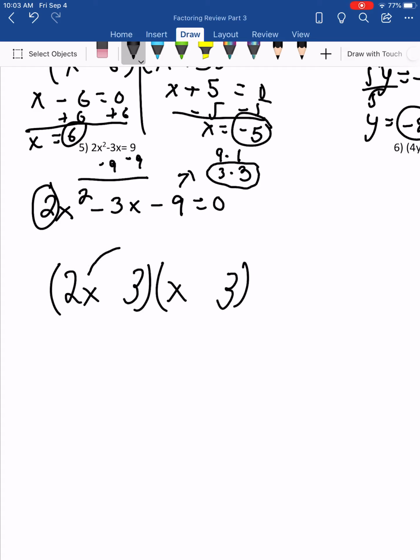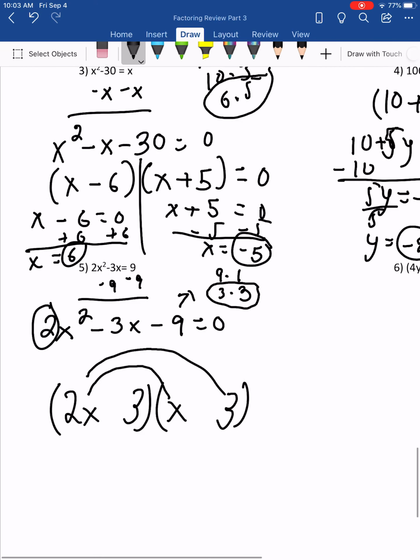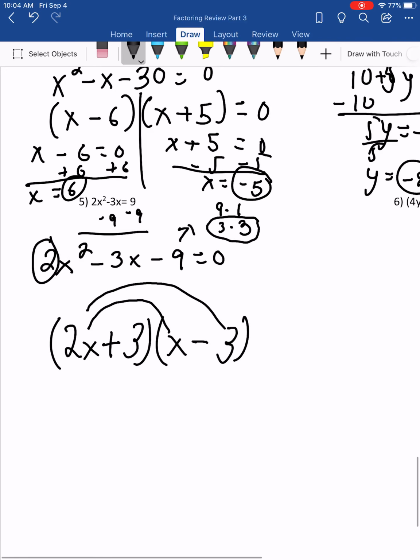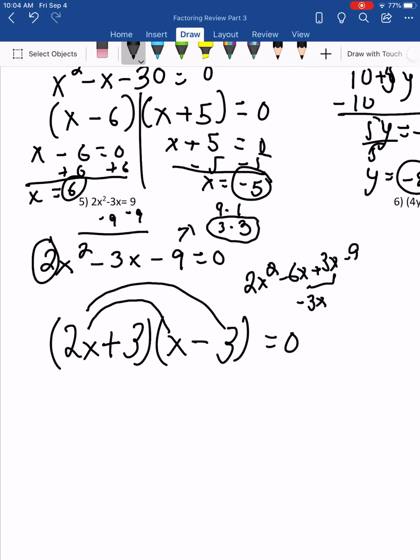I know that if I do, that would give me a 6 if we had a plus, and then the -3 over here would give me a +3. So let's make this 3 negative, okay? And then let's make this 3 positive. So that's going to be 2x, let's check our factors, minus 6x plus 3x. Yeah, there's our -3x minus 9, -3x, perfect, equals 0.